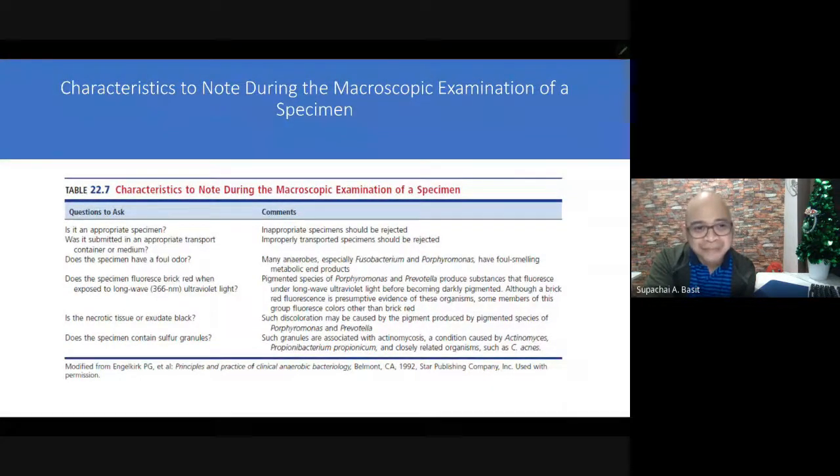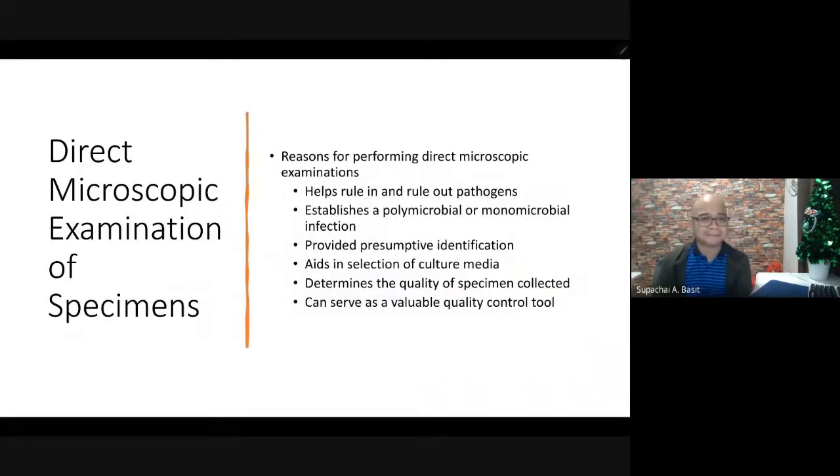Do they fluoresce when exposed to ultraviolet light? Well, for some bacteria it's a requirement, because for Porphyromonas and Prevotella, kailangan pala nila mag-glow in the dark. And then, necrotic tissue or exudate. Does the specimen contain sulfur granules? So ito yung mga kailangan natin i-check macroscopically.